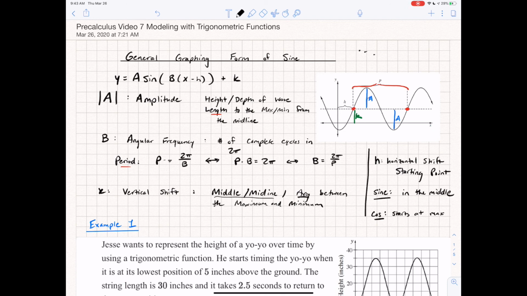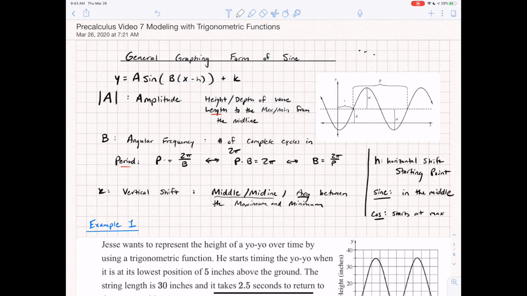So when I do my horizontal shift and I travel h to the right or left, instead of starting in the middle, I would actually begin at its maximum point. So if I was looking at this graph here, where they have essentially h marked off, if this graph was supposed to be for cosine, this wouldn't be my h.